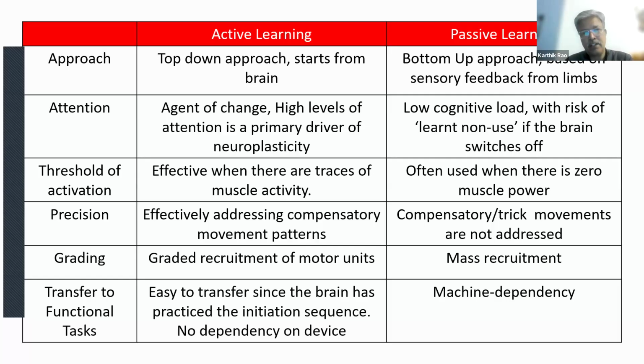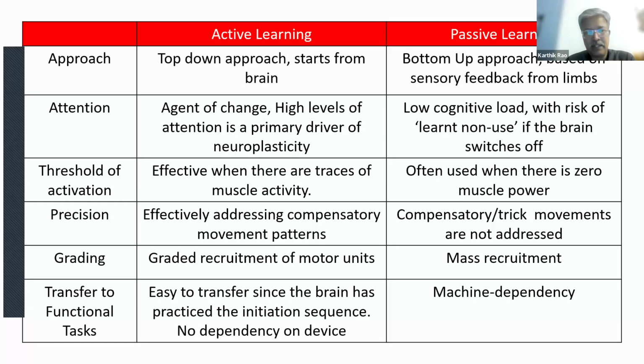And finally, when you're doing something actively, it becomes easy to transfer. We also looked at this from the principles of experience-dependent plasticity, where we talked about transference. And here, it's easier to transfer because the brain has actually initiated the movement. The brain is perceiving and saying that if I can do this, I can do a similar task like this, right?